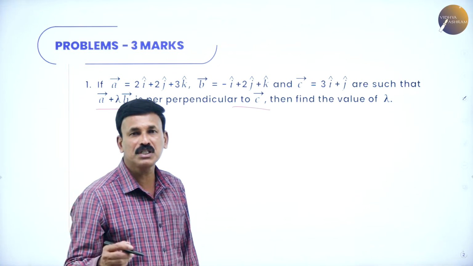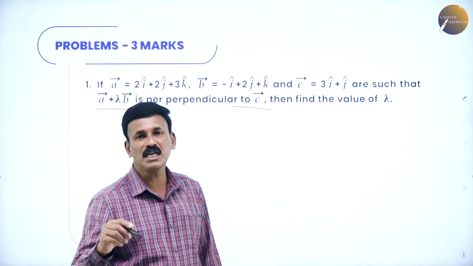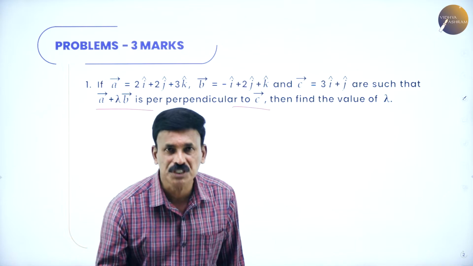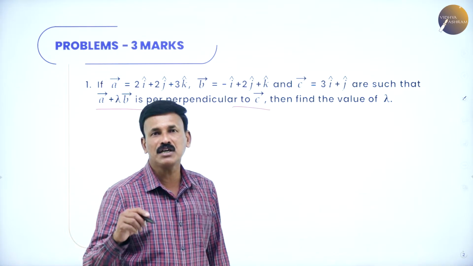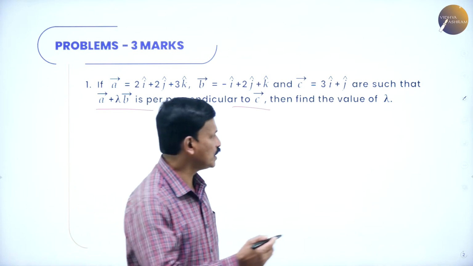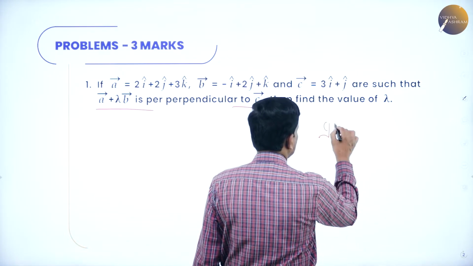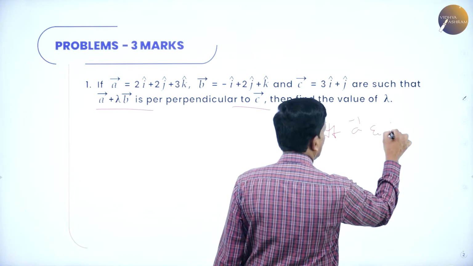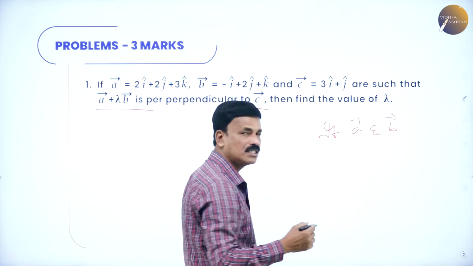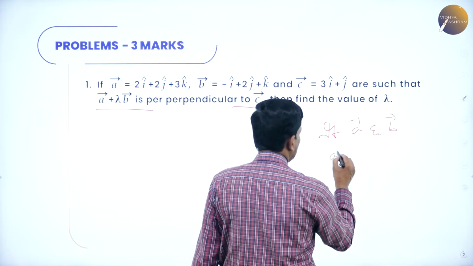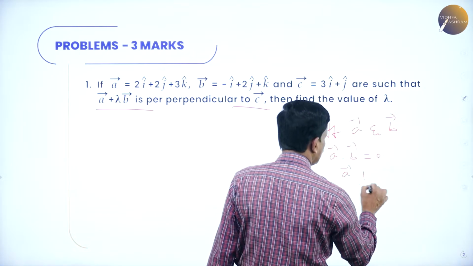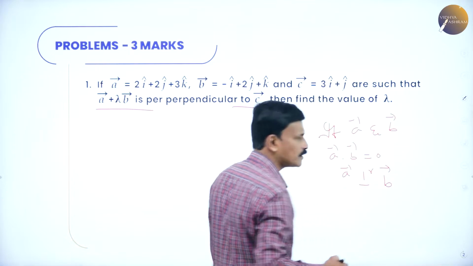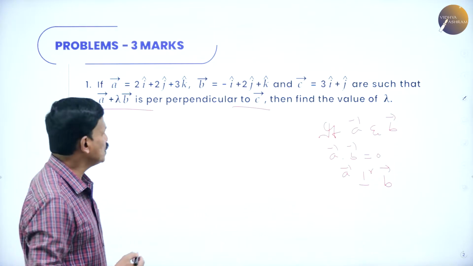You know the property, if two vectors, vector A and vector B are perpendicular to each other, means their dot product is equal to 0. A dot B is equal to 0. That is, for example, if A and B are any two vectors, then A dot B is equal to 0 implies vector A is perpendicular to vector B. Here the given condition is the same.